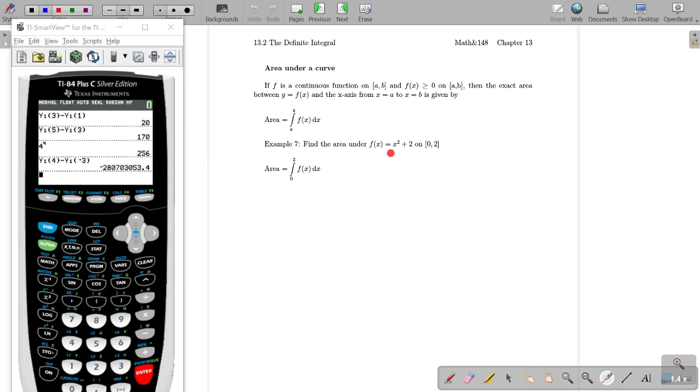So find the area under x squared plus 2 on [0, 2]. The area is going to be the integral from 0 to 2 of x squared plus 2 dx, which is x cubed over 3 plus 2x evaluated from 0 to 2.